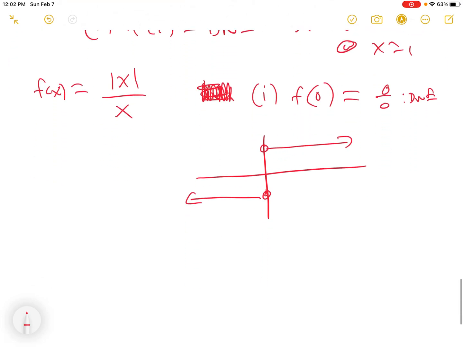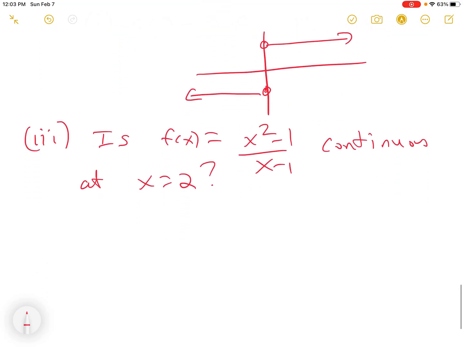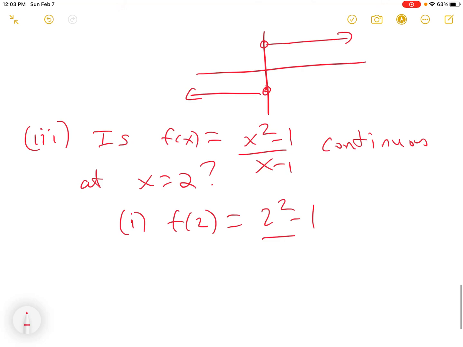Let's do one more here. How about an actual example? Is f of x equals x squared minus 1 over x minus 1 continuous at x equals 2? Number one, f of 2 is 2 squared minus 1 over 2 minus 1, and that's 3.